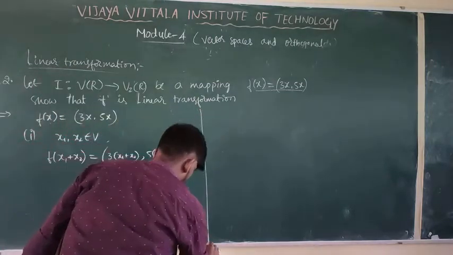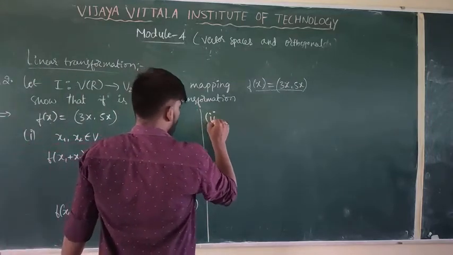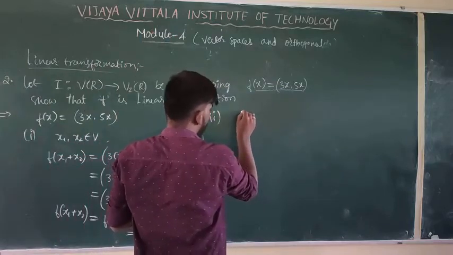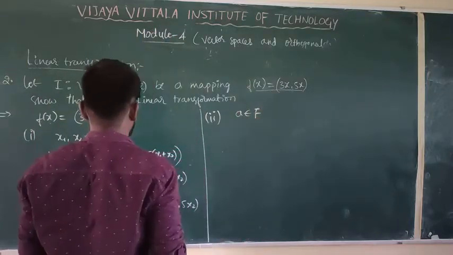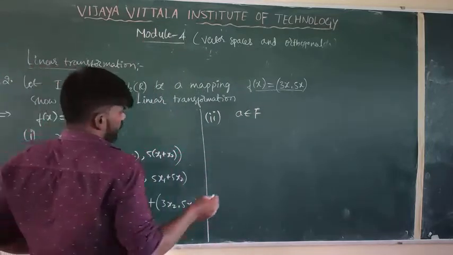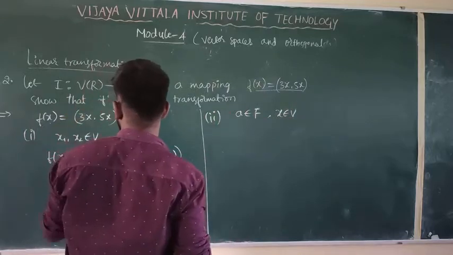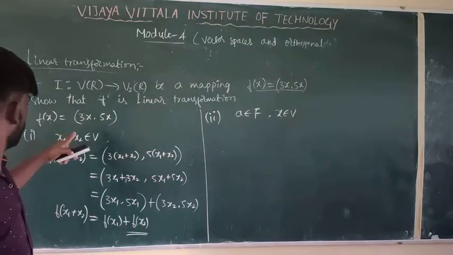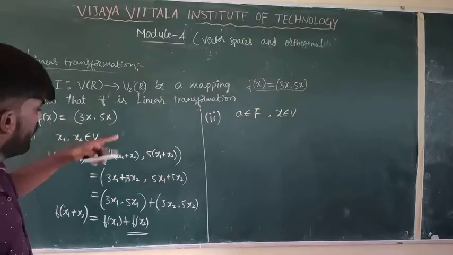Then the second condition. For the second condition we take one scalar a, which belongs to the field, and x belongs to V. Therefore, f of x is (3x, 5x).